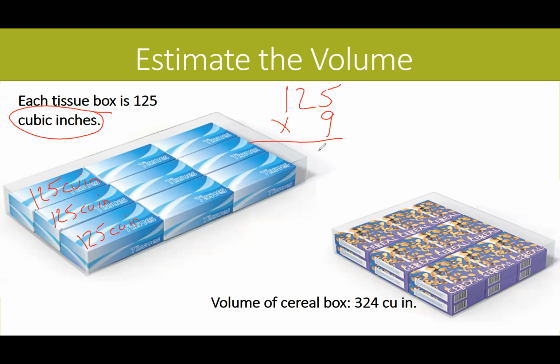So I can do my algorithm, and my algorithm says to multiply by my ones place. 9 times 5 is 45. Regroup my 4. 9 times 2 is 18, 19, 20, 21, 22. And 9 times 1 is 9, 10, 11.